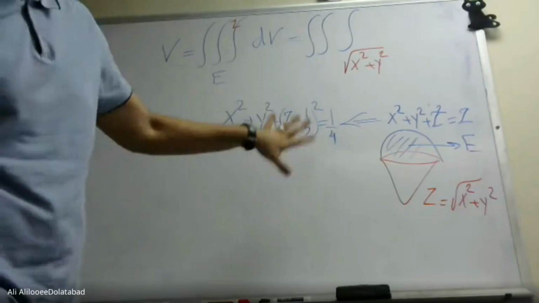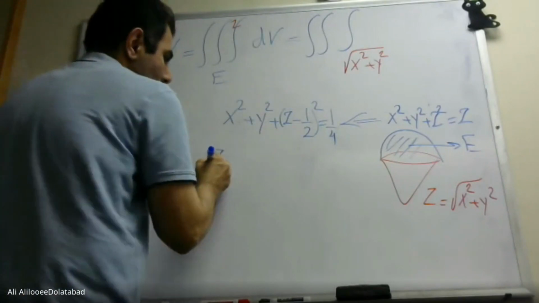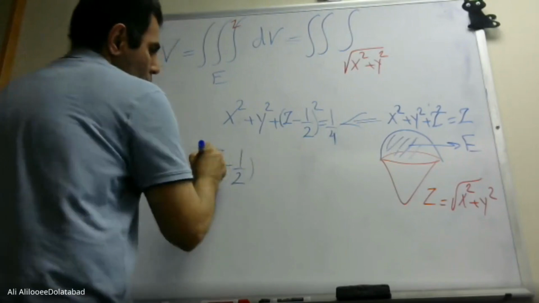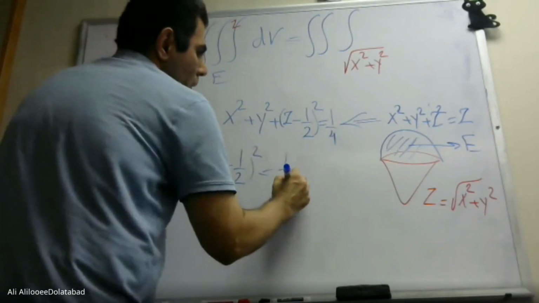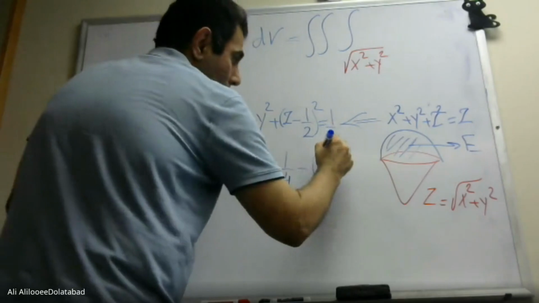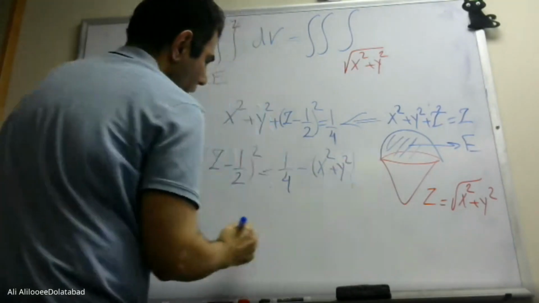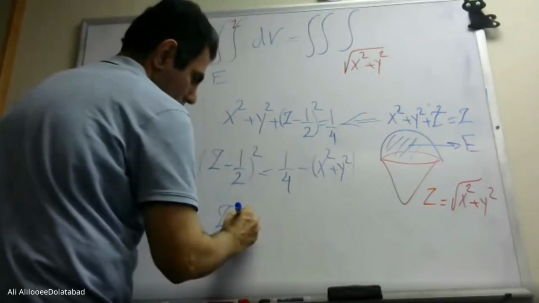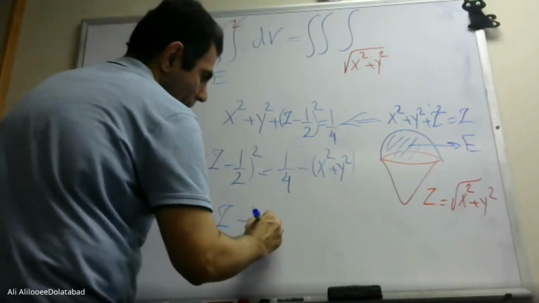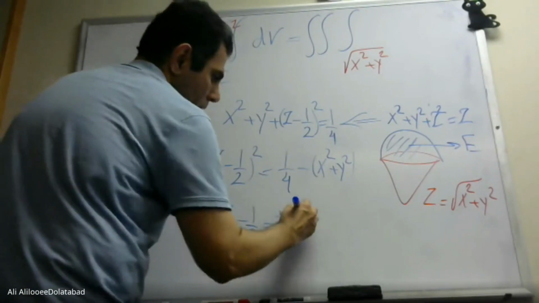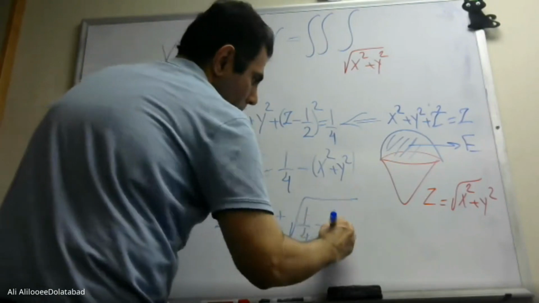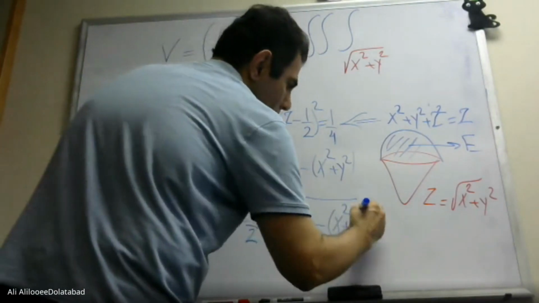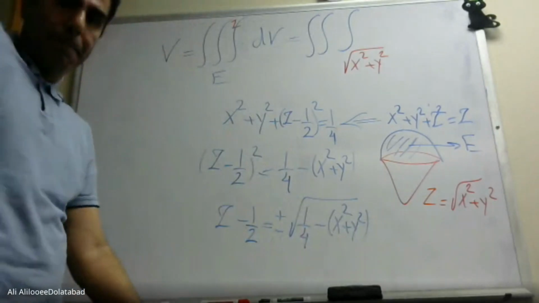Then you can make z alone here. You have z minus 1/2 squared equals 1/4 minus x squared plus y squared. Then you have z minus 1/2 equals plus or minus root of 1/4 minus x squared plus y squared.